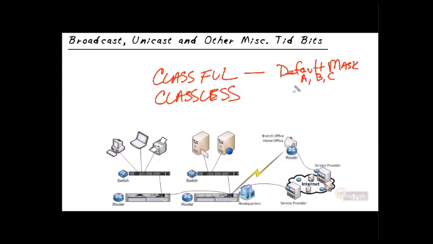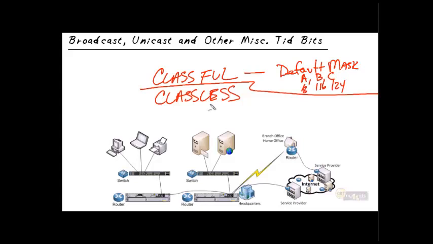Class A is a /8 with the 1 through 126, and the class B 128 through 191, and a class C 192 through 223, and the default masks are associated with them, the /8, the /16, and the /24. So if you're working on a classful network, and there's not too many out there anymore, classful means you're paying attention and caring about classful defaults that are in place.